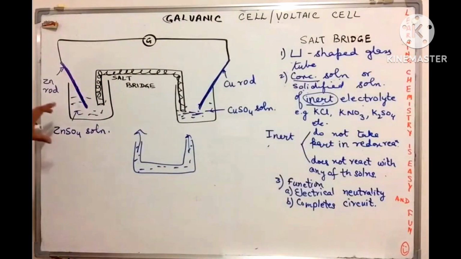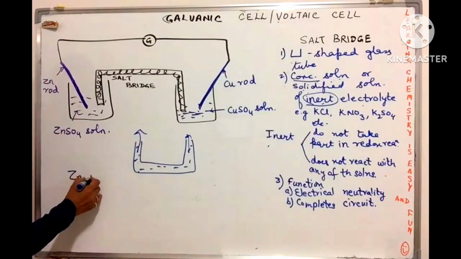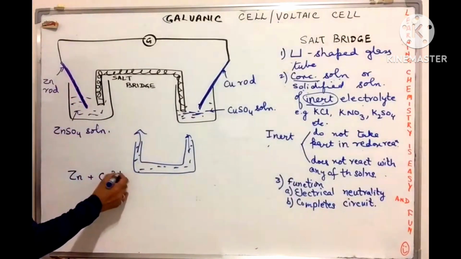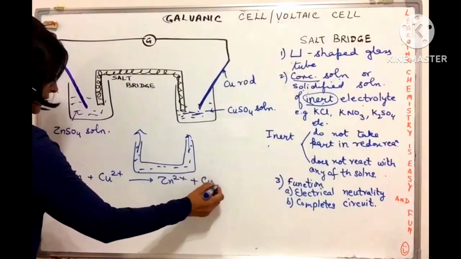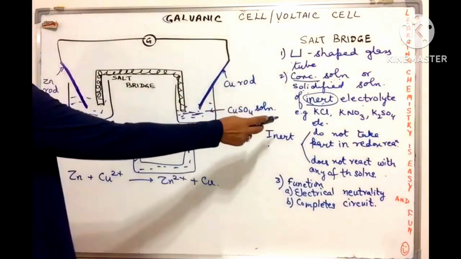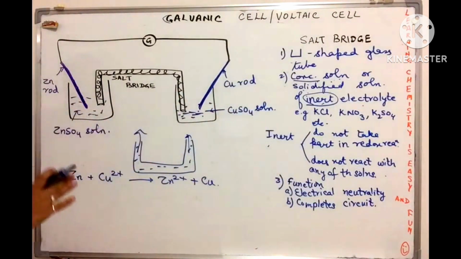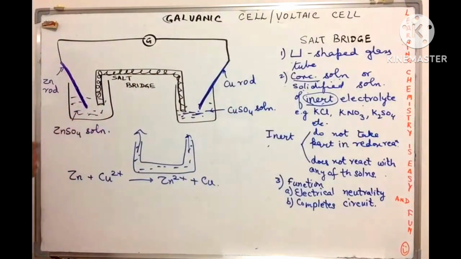It will be there, but it is not a participant in the redox reaction that we are talking about, that is Zn + Cu2+ changing to Zn2+ + Cu. The electrolyte that we are going to use in this salt bridge in no way disturbs this redox reaction, and individually also it does not react with any of the solutions.